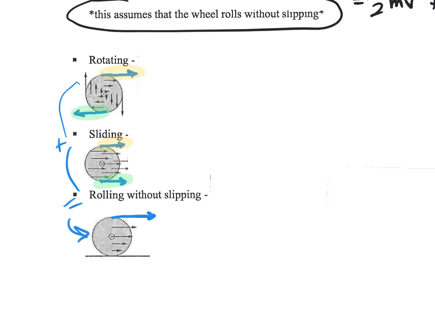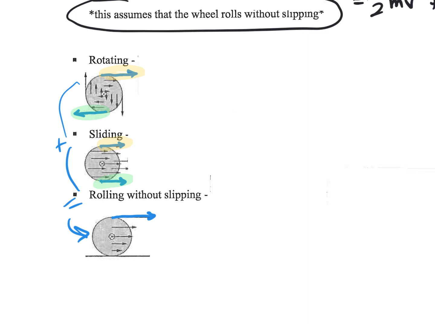What would an example be of rolling without slipping? A tire. This rolls without slipping, if it's got enough friction. Rolling with slipping, at some point for it to rotate, it has to become without slipping, doesn't it? If I shove this fast enough, it slides first, and then friction kicks in with the contact here.